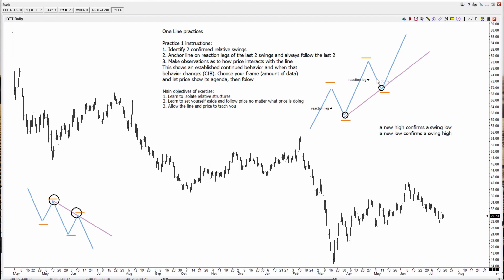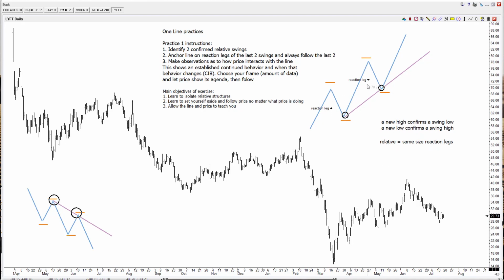Now we need to be able to find two of these and place the line. Now for the instructions. Identify two confirmed relative swings. Relative meaning same size reaction legs. Okay, they got to be about the same size. That's what relative means. All right, so here's our definitions over here.